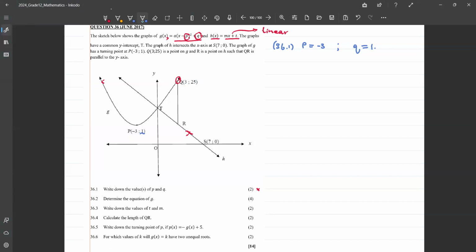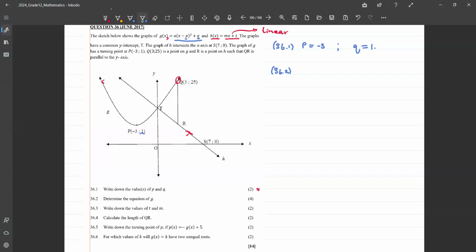36.2, determine the equation of g. Our g of x is this equation, the equation of the parabola. So by luck, we already know what the p-value is and what the q-value is. It's only a matter of substitution and using the second point to determine the value of a.